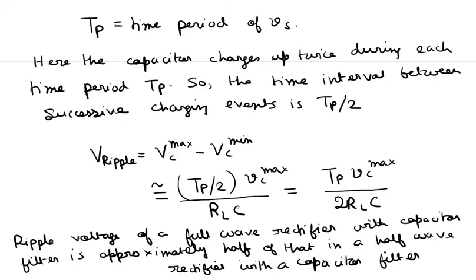Okay, now we saw that for the full wave rectifier with center tap transformer, the peak inverse voltage rating of each diode must be 2 Vs max minus V gamma, which is actually almost double of that of the half wave rectifier.